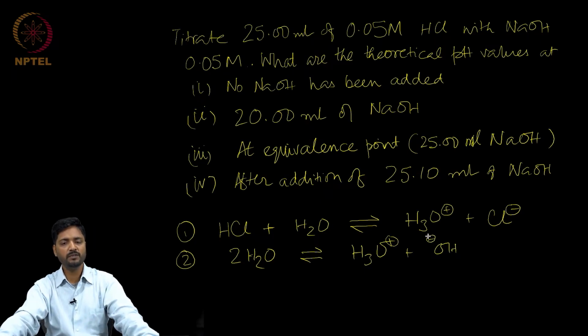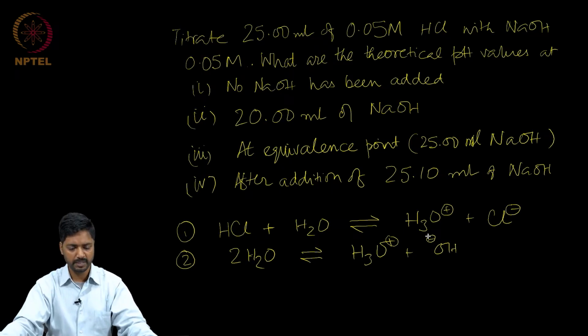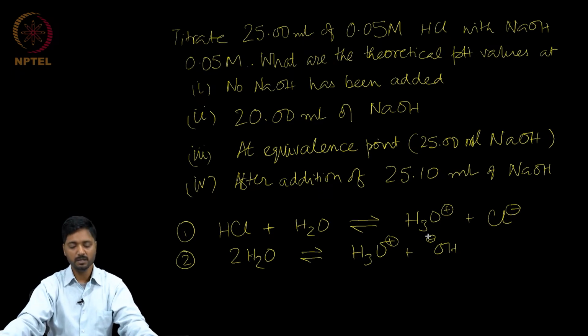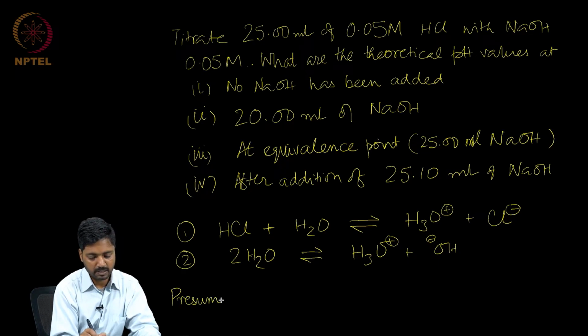Now obviously when we are talking about a strong acid, the dissociation of the acid will dominate over the self dissociation of water. So what we will presume is that all the hydronium ion in this case is being generated from the hydrochloric acid present in the solution. So let us calculate based on this presumption. So let me explicitly write the presumption.